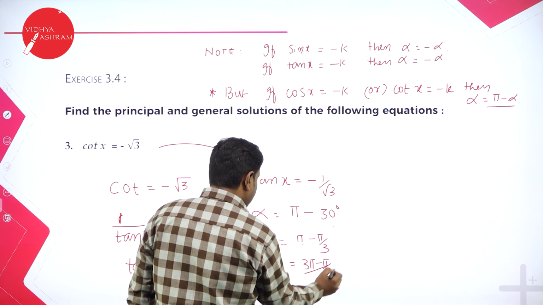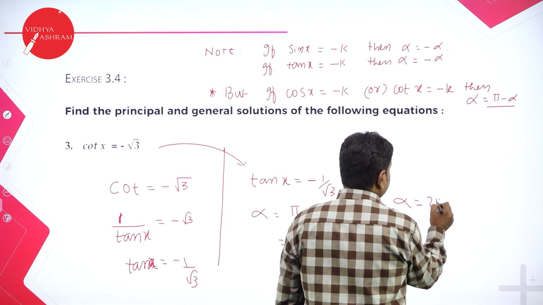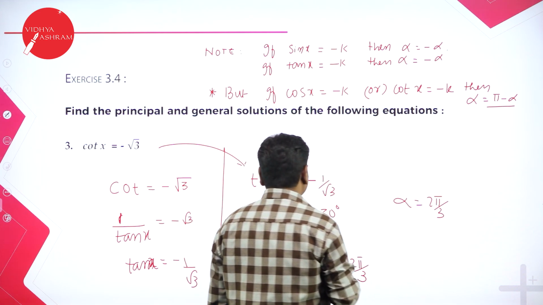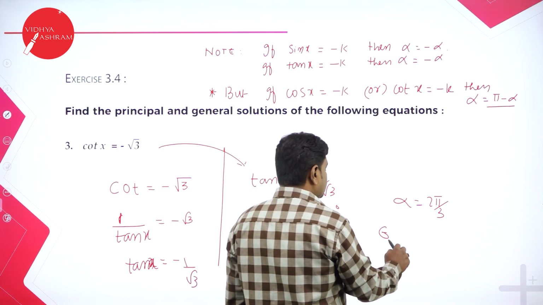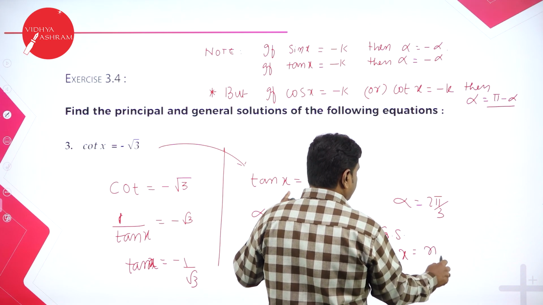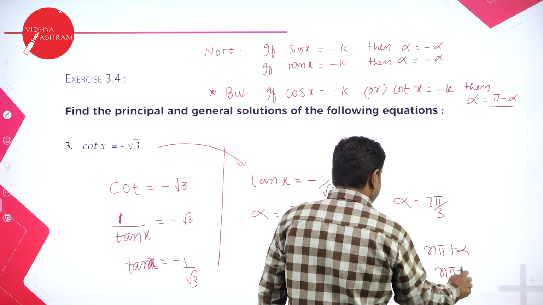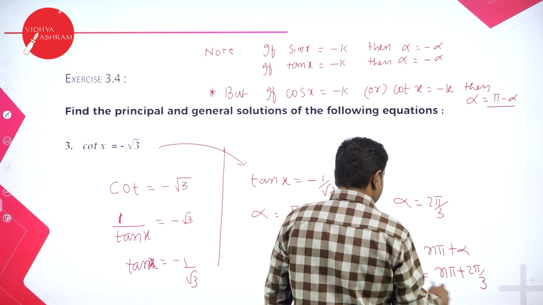LCM if you take, that is 2 pi by 3. So one of the principal values alpha is 2 pi by 3. Now the general solution: x is equal to n pi plus alpha, that is n pi plus 2 pi by 3. This is the general solution.